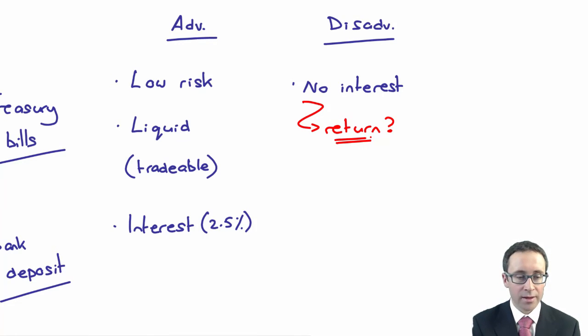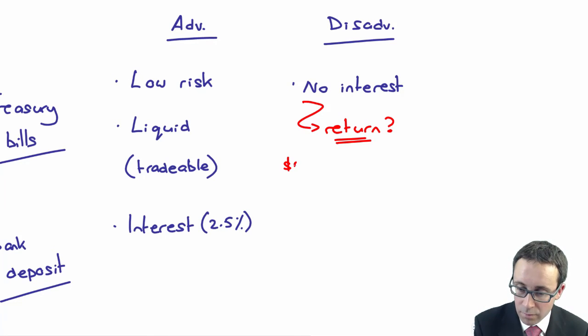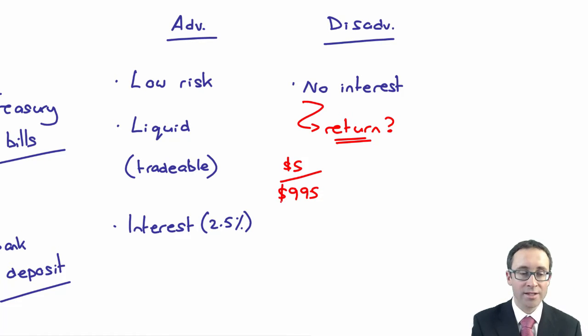Because what we've got there is we get a return of $5 on the $995 that we invest. You could work that out as a percentage, couldn't we? Very low, but then you can annualize that, couldn't we? Okay, for the 4 quarters.